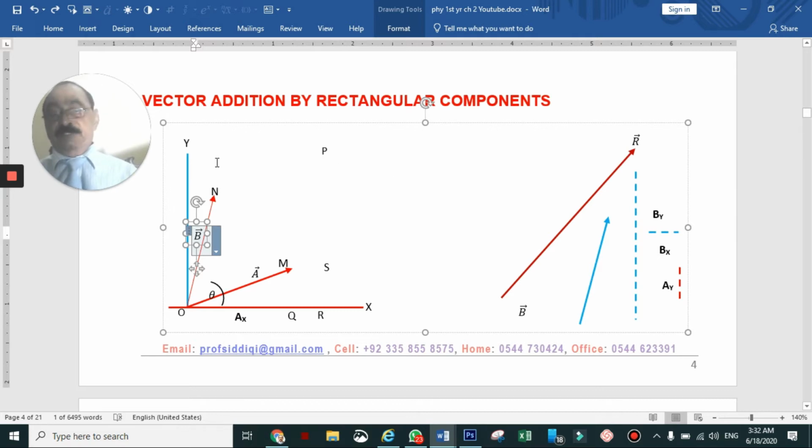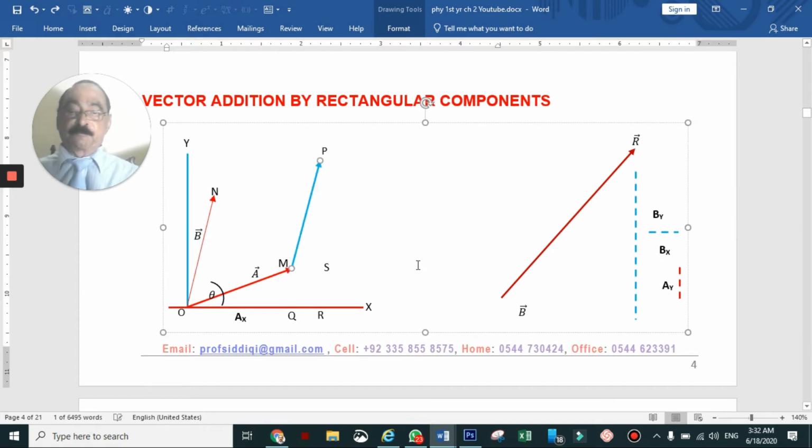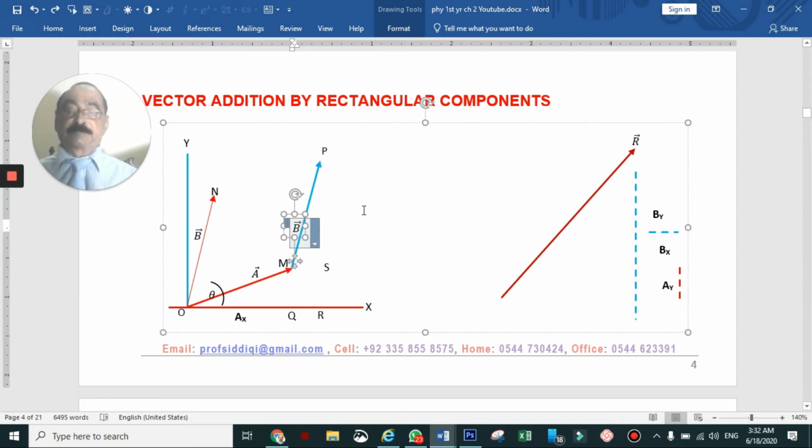We can take this vector, B vector, join the tail of B vector with the head of A vector. We can join it like this. This is B vector, and we have joined the tail of exactly equal to this B vector, and we can name this as B vector.